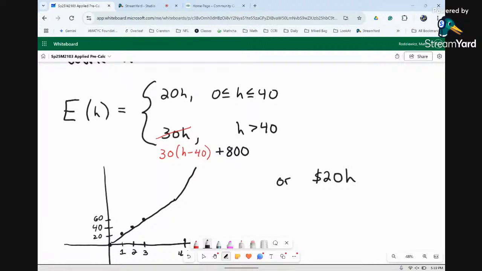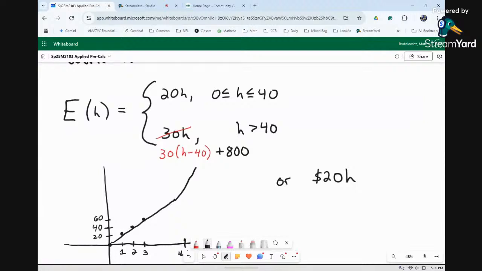So it becomes 1 hour at $30. So you have your overtime pay 30, and we're gonna add your already, your 40 hours at 20. 40 times 20 is 800. So it's like you're getting your regular check plus your overtime pay.